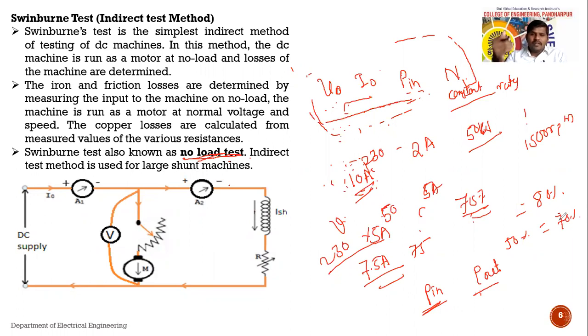We are assuming the load and understanding the performance like efficiency, and other performances like whether the commutation is suitable.